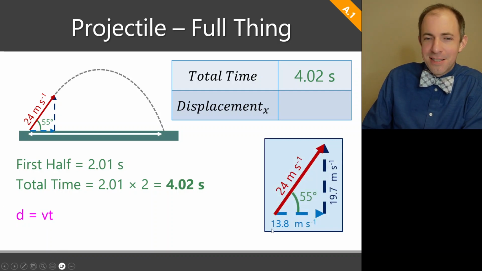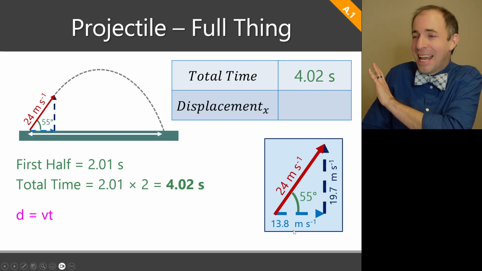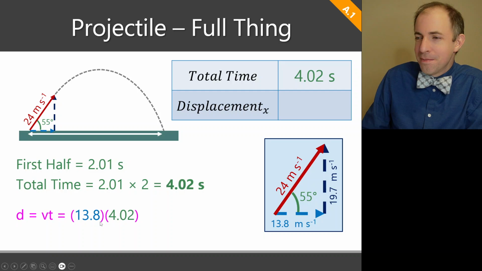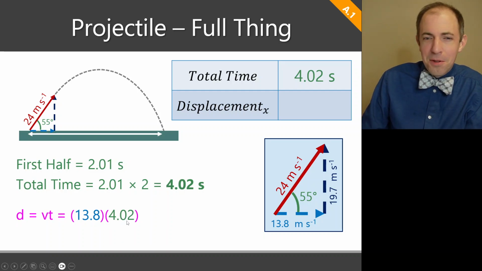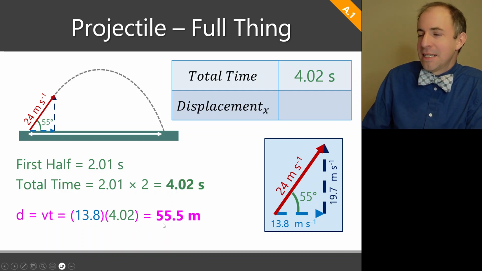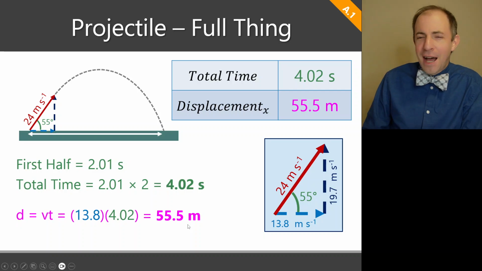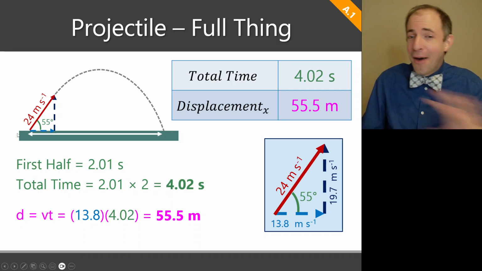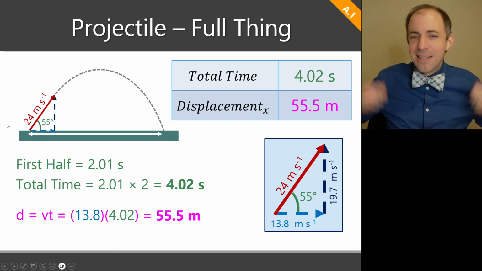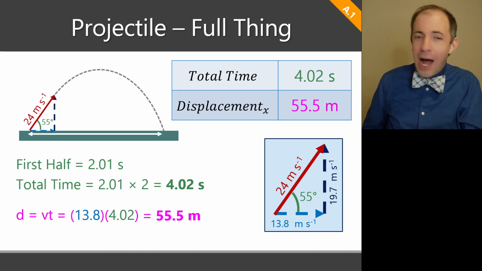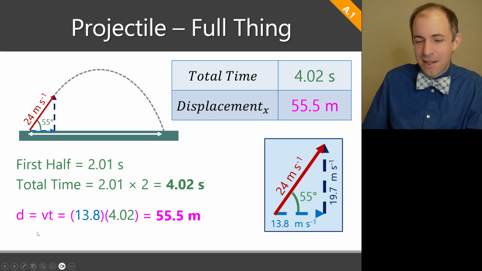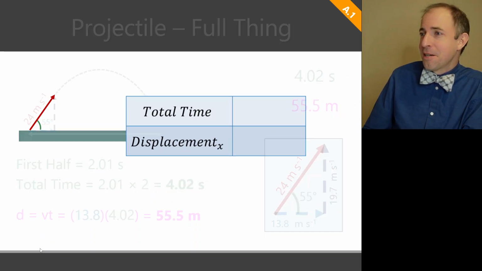The horizontal velocity started out at 13.8 and it continues at 13.8 the entire time. So we'll say 13.8 meters per second times the total time it's in the air, 4.02 seconds. It will be able to cover 55.5 meters roughly. Now, again, that is just how far it can go horizontally in the time that it's airborne, and we know how long it's airborne based on its vertical components and the SUVAT equations that we calculated earlier.